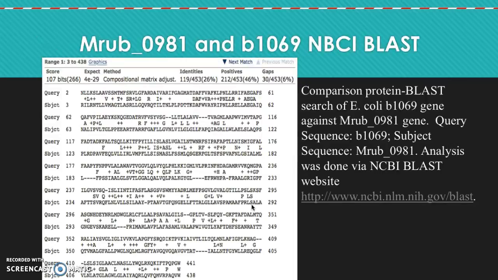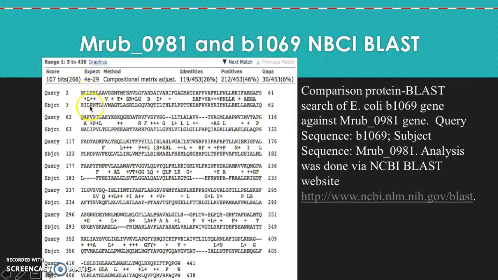Here's the first step of our annotation. We took the two protein sequences between our sets of genes between the organisms and created a protein BLAST. And here you can see this is the result of the BLAST. We have an E value that is very low, very below the cutoff of 0.001, which is always good.